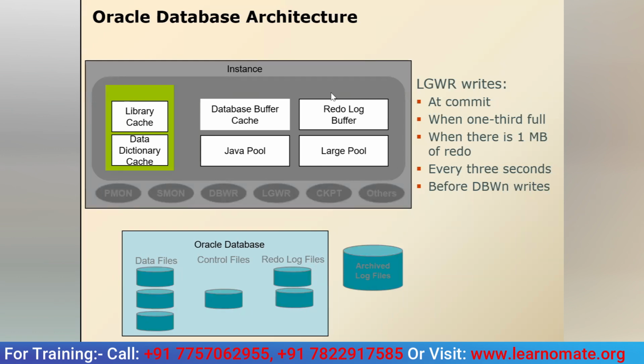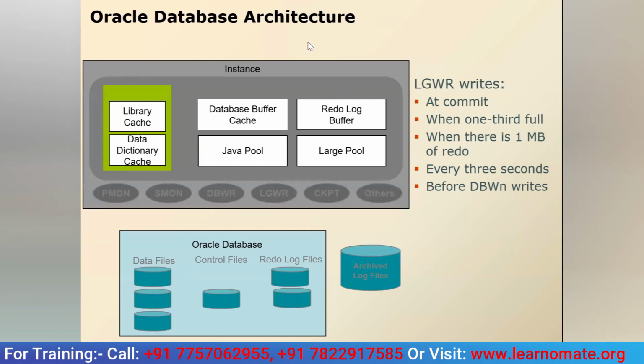The instance is again divided into two parts: memory components and background processes. The SGA has different components like library cache, data dictionary cache, database buffer cache, Java pool, redo log buffer, large pool, and others. The background processes include pmon, smon, database writer, log writer, checkpoint, and others. There are a lot of other background processes as well.